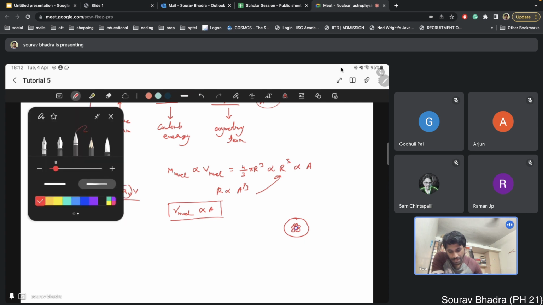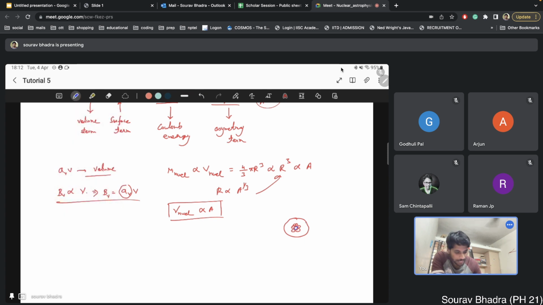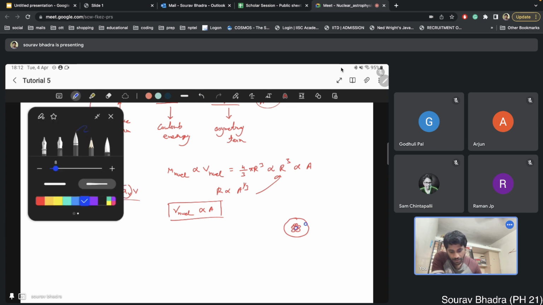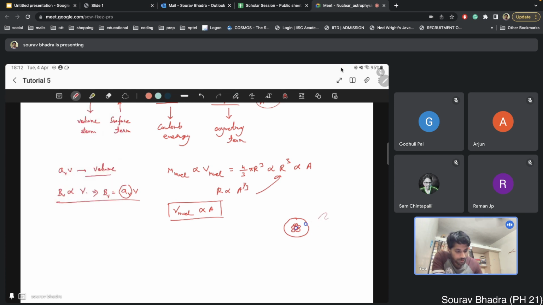But if there is a nucleon at the surface of the nucleus, it does not have any nucleons outside of its radius, right? So it has nucleons here, the surrounding nucleons are here, but there is no nucleus in this particular location. So it is not fully covered by other nucleons.